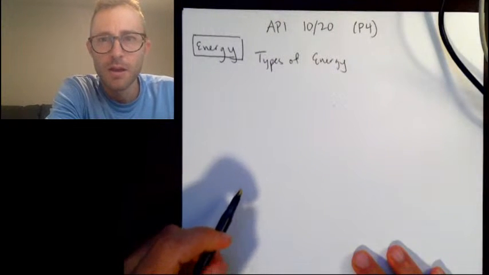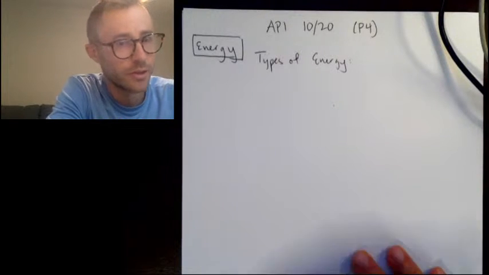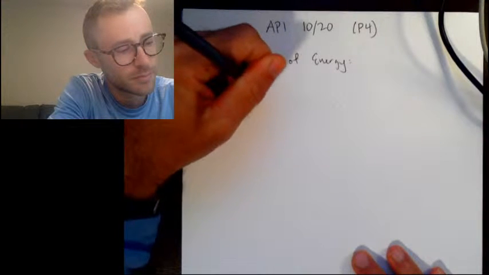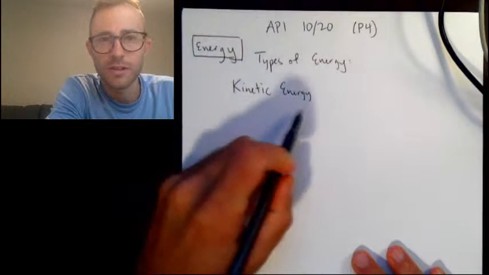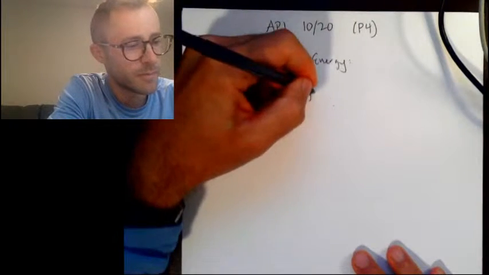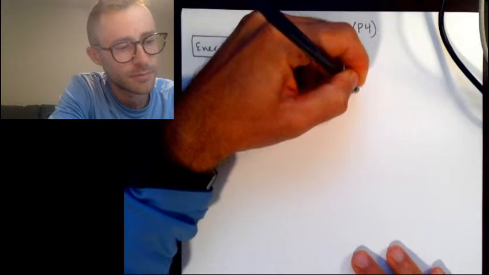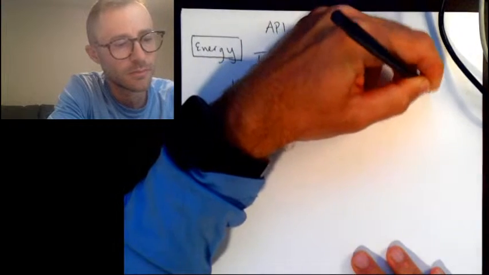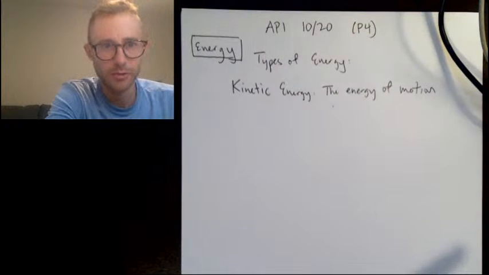Probably the most fundamental type of energy is what's called kinetic energy. Kinetic energy is the energy of motion. In order to have kinetic energy, something must be moving.